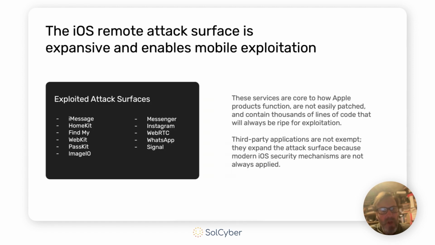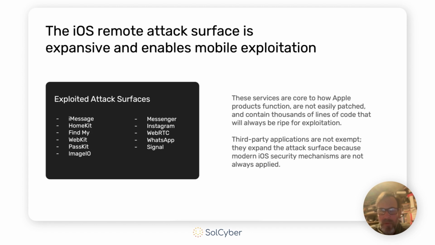And the types of iOS remote attack surface, it's still pretty expansive. I mean, the types of attack surfaces that we see are really the core Apple services on the device. So iMessage, HomeKit, Find My, WebKit, PassKit, Image.io, Messenger, Instagram, WebRTC, WhatsApp, Signal. We've seen all of these be attacked.